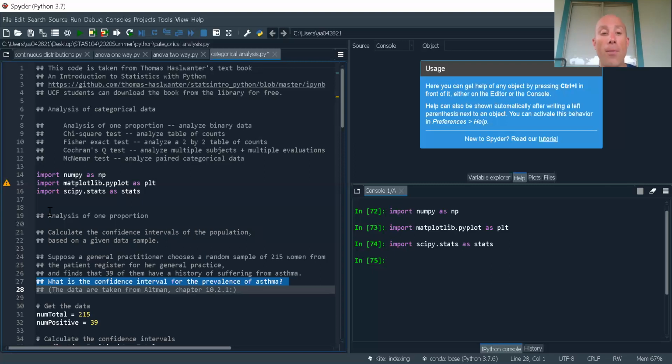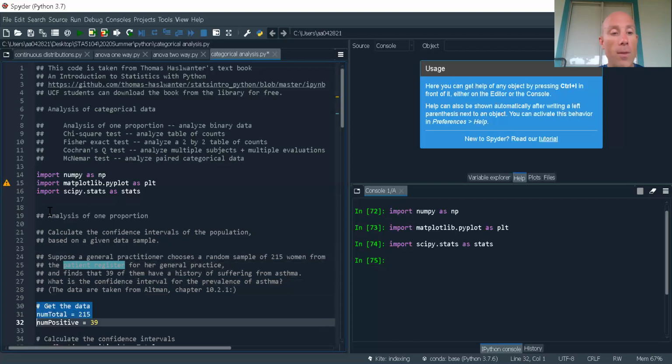Something about this is that we always have to consider what the sample population is. His sample population is his patient registry. So compared to the general population, it's probably going to be a bigger number than the proportion of the population as a whole. Something to think about when you start making your interpretations of your outcomes.